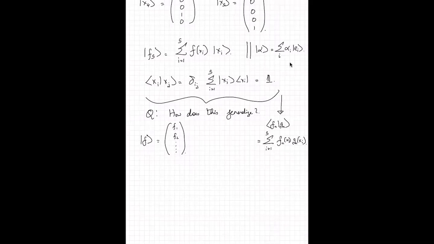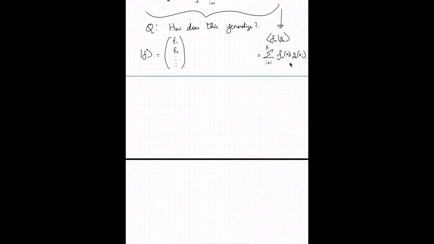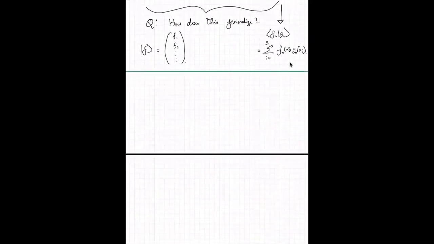I also want to know how this particular notion generalizes, the notion of dot product or inner product of two vectors, right? So let us try to write down the corresponding formulas in the infinite dimensional linear vector space scenario. Okay.